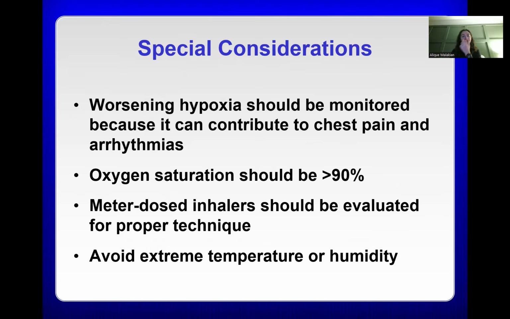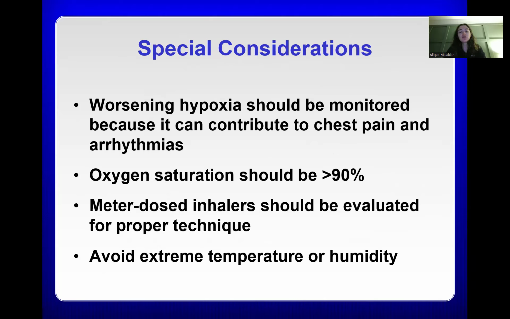Now, lastly, what are some special considerations for this group? So, worsening hypoxia should be monitored because it can contribute to chest pain and arrhythmias. Oxygen saturation should be over 90%. So, again, this is where monitoring it is very important because once it drops below 90, something needs to change. That's really dangerous.